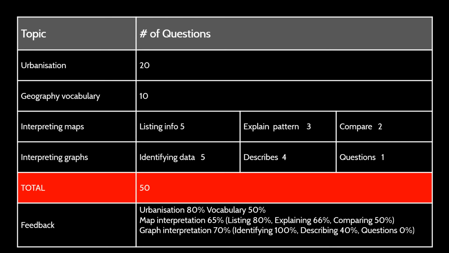So having a map of the content but also the skills and the different levels of the skills, okay? You'll see that we've taken that original test that was out of 50 and now we've got all these different sections, and if we want to, we can report the results of the different sections.